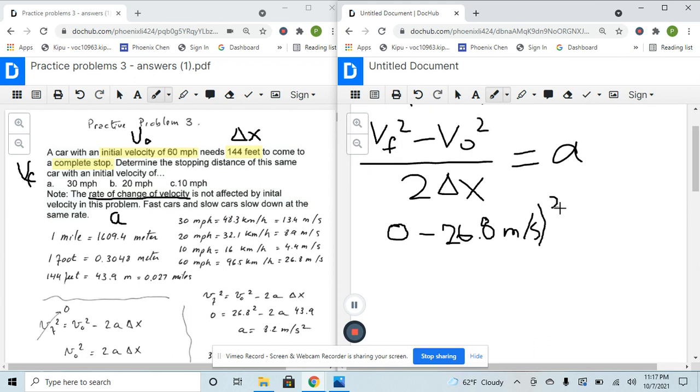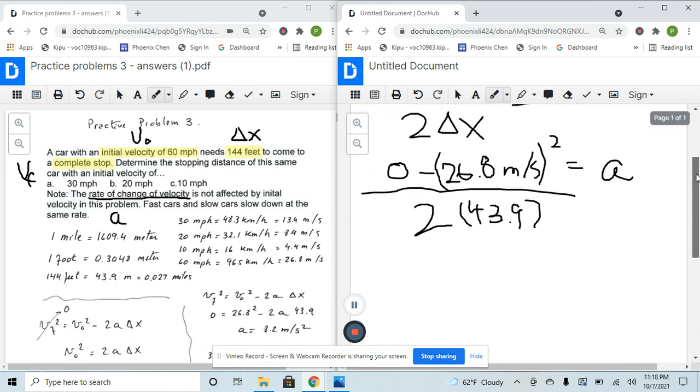And then can't forget the 2, and then our delta x, which written in meters is going to be 43.9 meters. And then ultimately that should give us a.